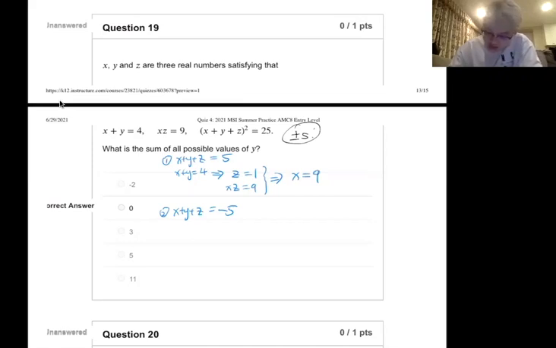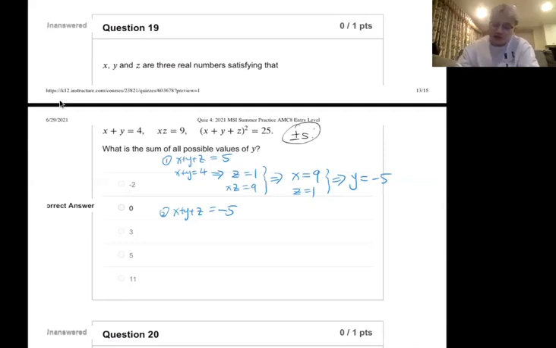And knowing that x equals 9, z equals 1, we know that y equals negative 5. Because x plus y plus z is 5, right?